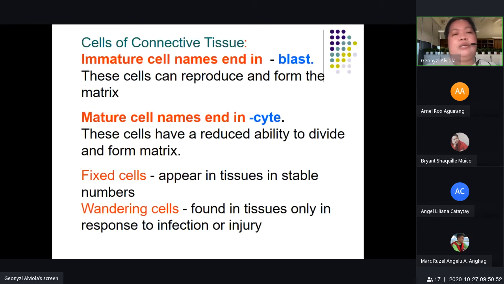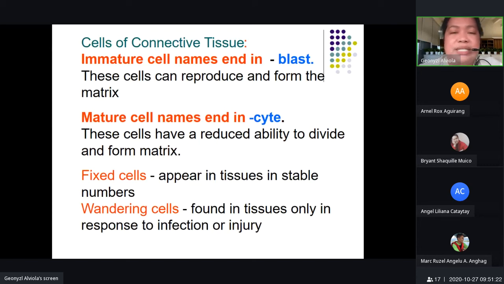Now, cells of connective tissue. Immature cells have names that end in blast. These cells can reproduce and form the matrix, for example odontoblast and ameloblast. Mature cells have names that end in cyte. So if it is still immature, the suffix is blast.